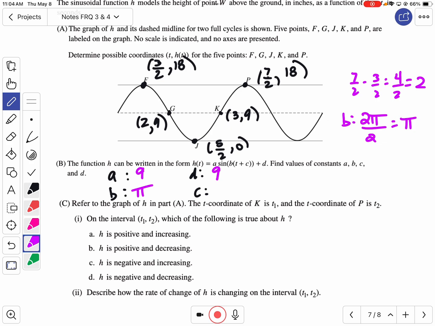Now, C is the part where it's a little tricky on this one. Typically, we can just do the distance between 3/2 and 2, we would say is what? We'd say it's 0.5, right? But what makes this one hard is because we're not at the first 2 points, right?